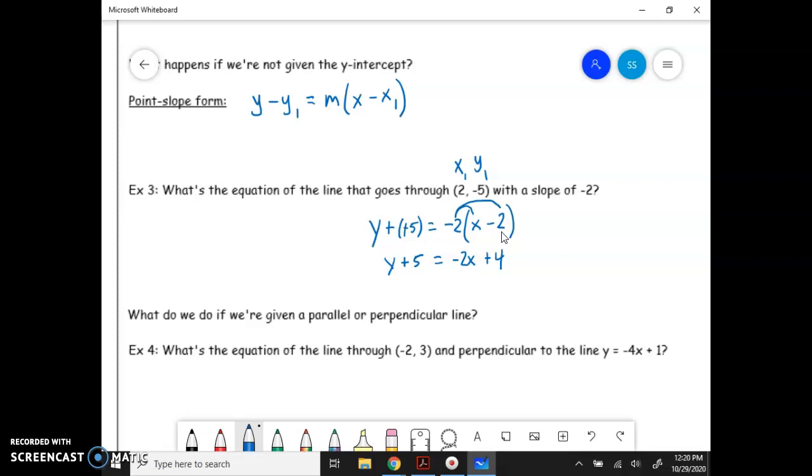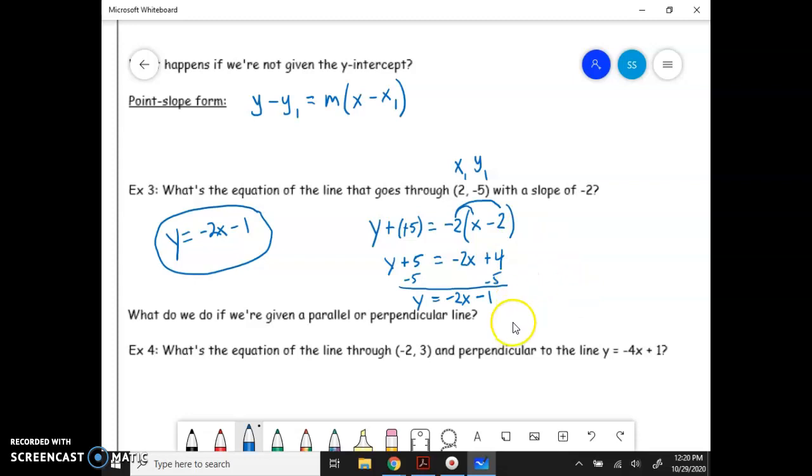So I'm going to get rid of this positive 5. I'm going to subtract 5 on both sides, and I'm left with y is equal to negative 2x. 4 minus 5 is negative 1. So there is the equation we're looking for. y is equal to negative 2x minus 1.